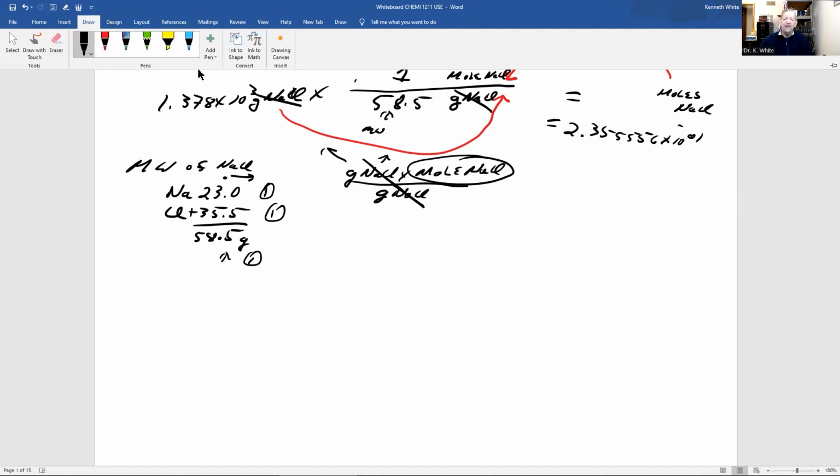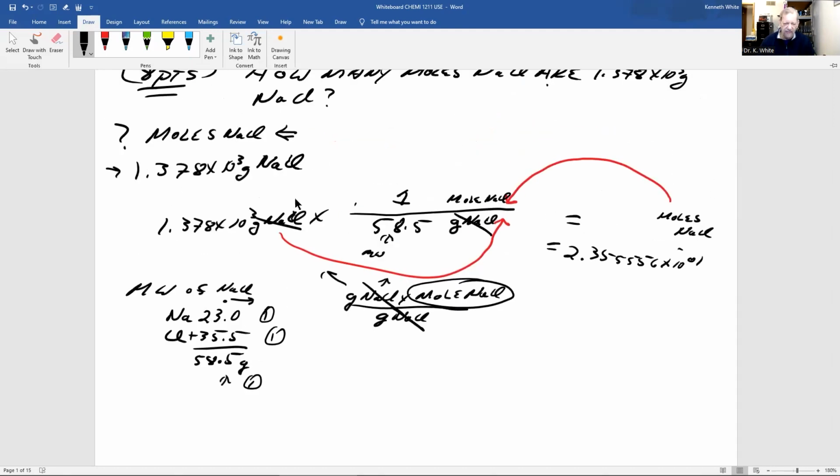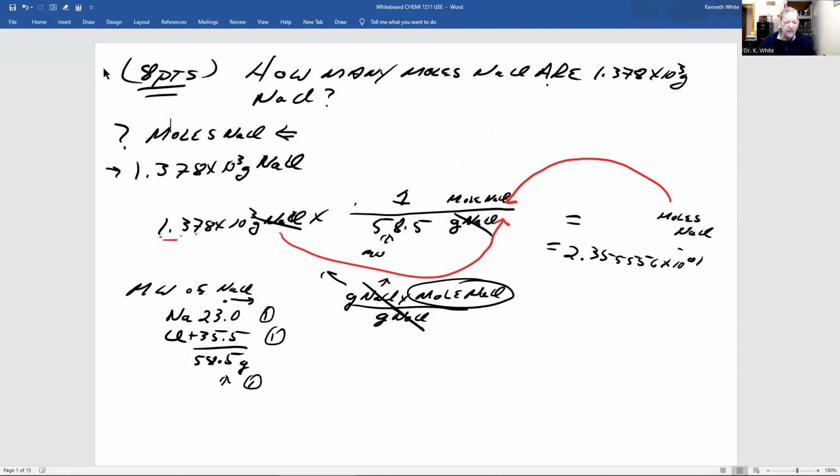And if you wrote this answer down, I take off a point, because when you multiply and divide, you get the same number of significant figures as the number you're multiplying or dividing by that has the fewest significant figures. How many significant figures in this number? 1, 2, 3, 4.